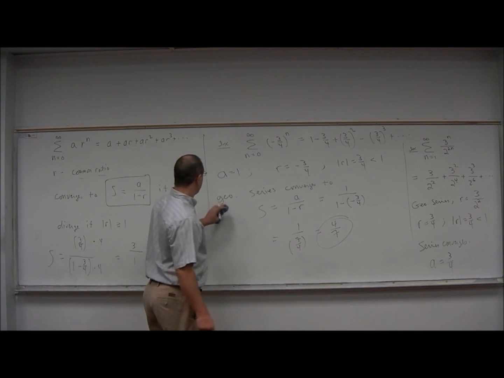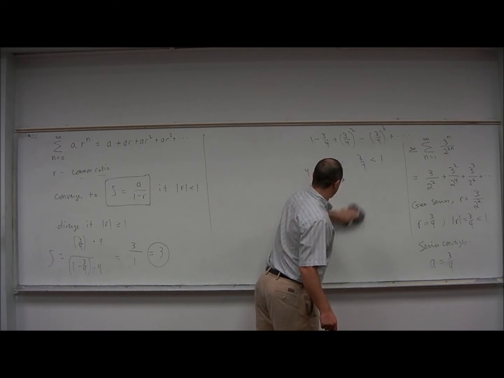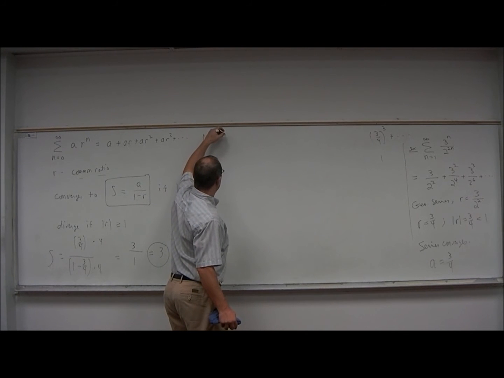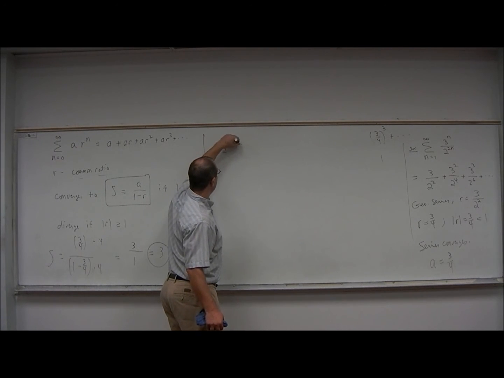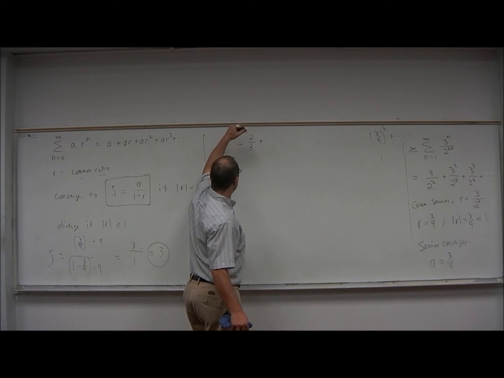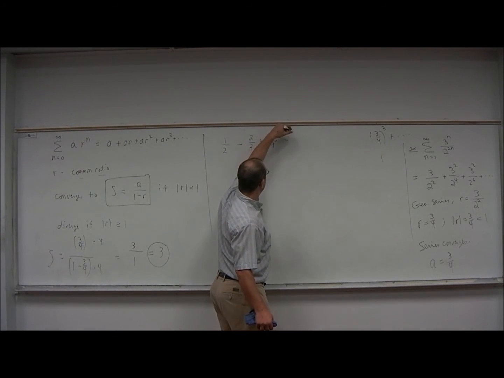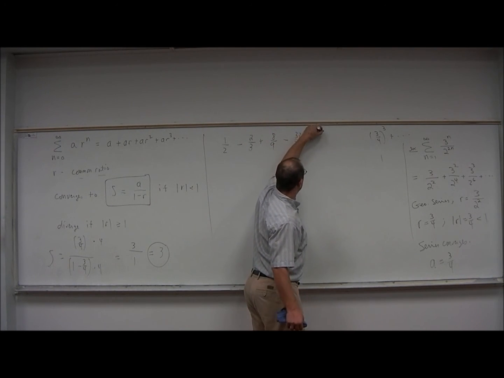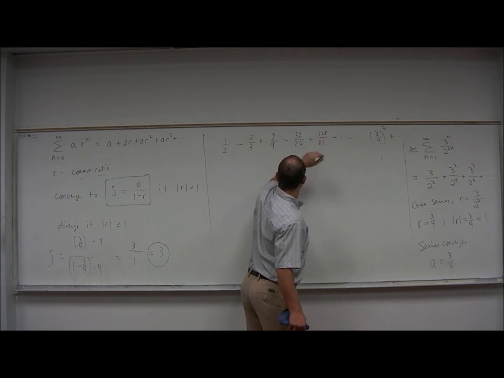Let's take a look at one more. Suppose we start with a number like 1/2, and then we'll say minus 2/3, and then plus 8/9, and then minus 32/27, and then plus 128 over 81, etc. We'll have minus next.